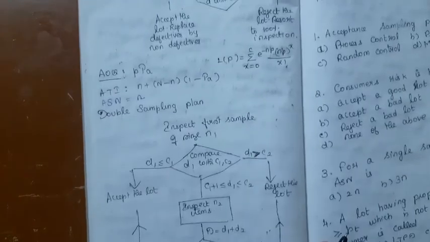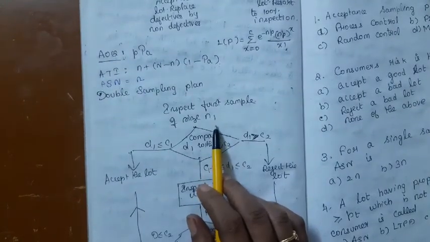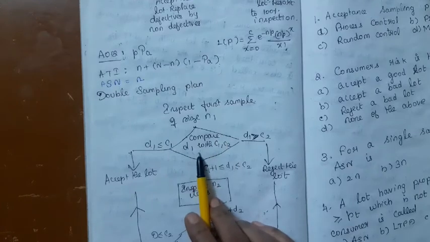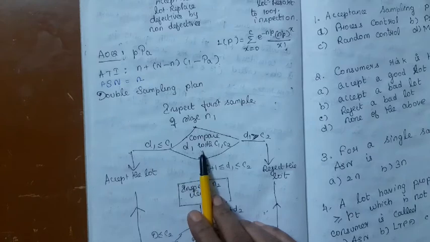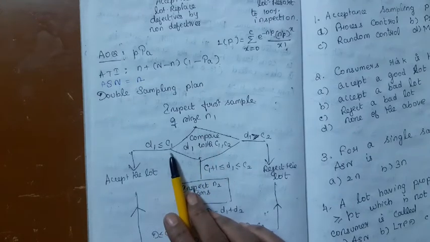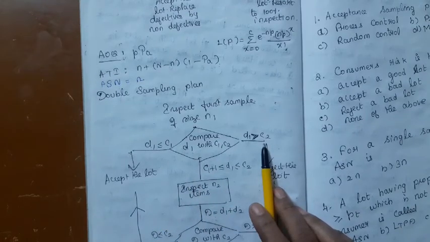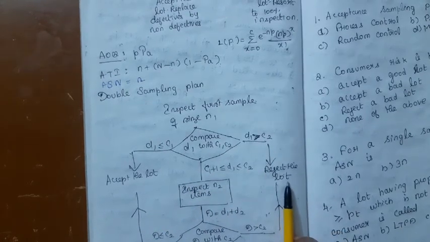Okay, coming to double sampling plan, you are inspecting the random sample of size n1, comparing the number of defectives d1 with c1 and c2. If d1 is less than or equal to c1, you are accepting the lot. If d1 is greater than c2, you are rejecting the lot.